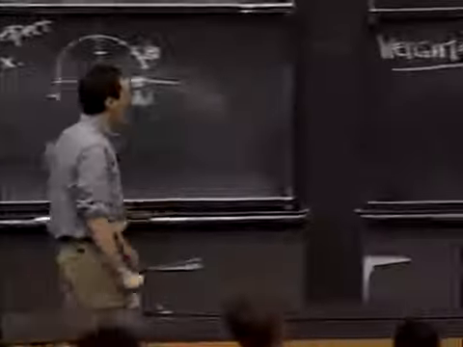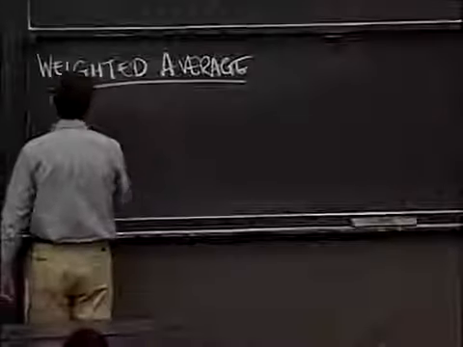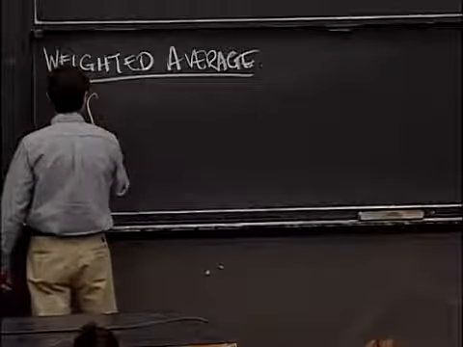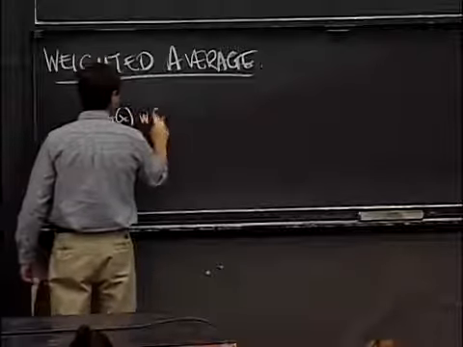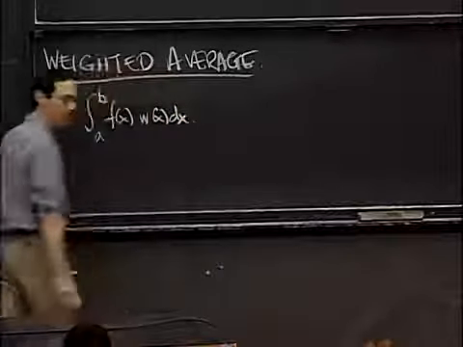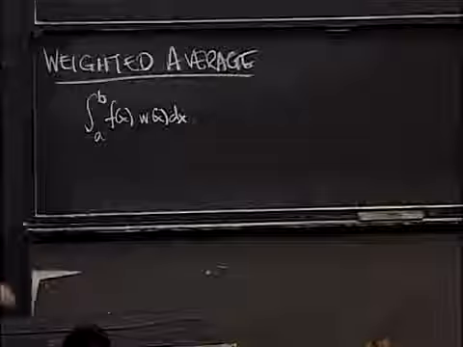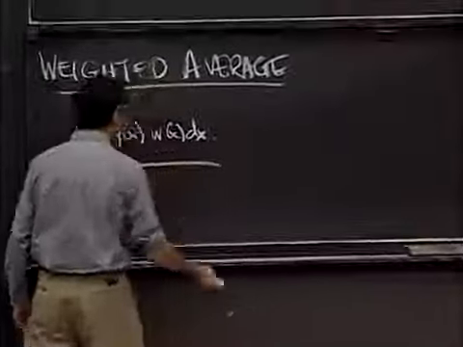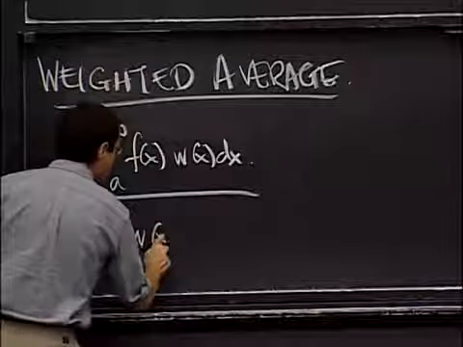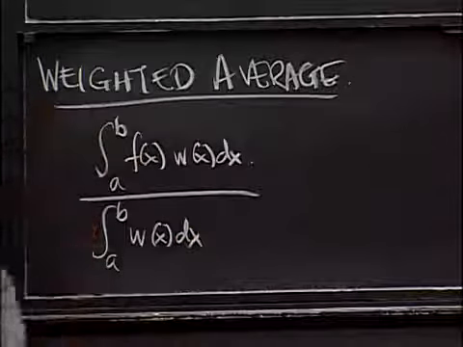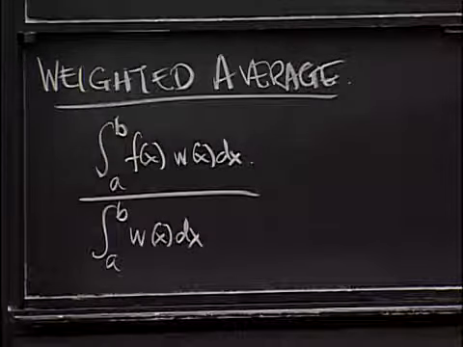So the idea of a weighted average is the following. You take the integral, say, from a to b of some function, but now you multiply by a weight. And you have to divide by the total. And what's the total going to be? It's the integral from a to b of this total weighting that we have.